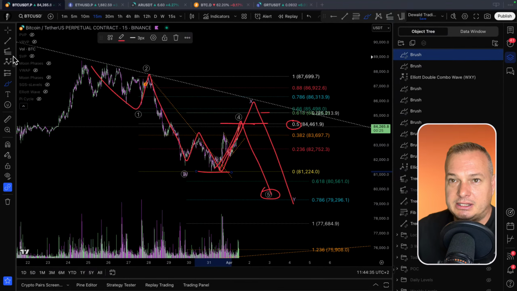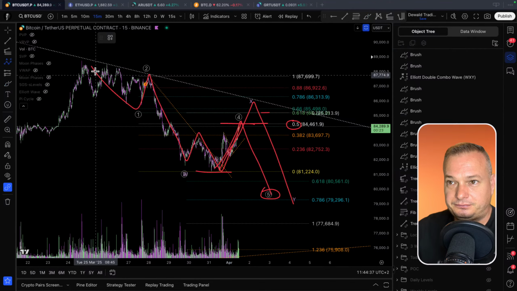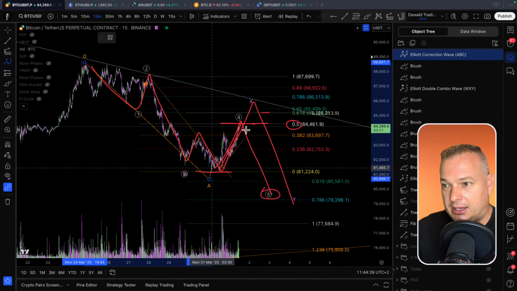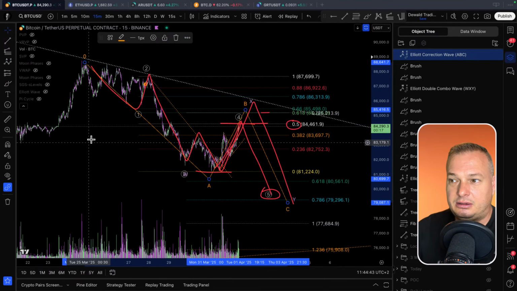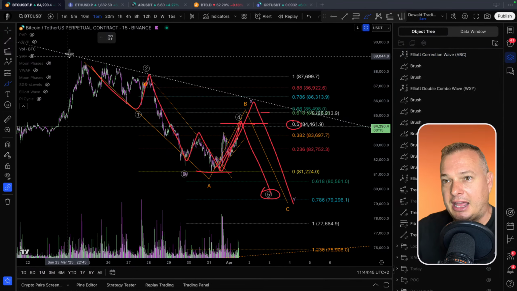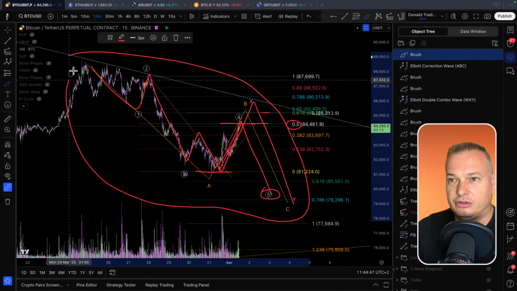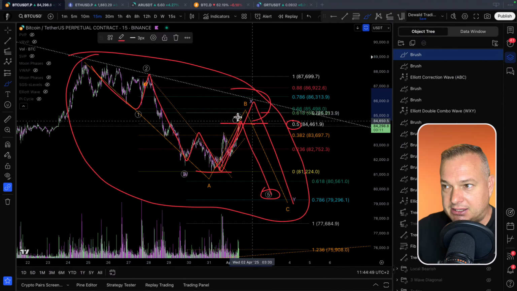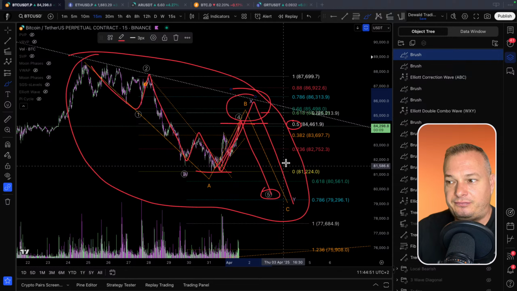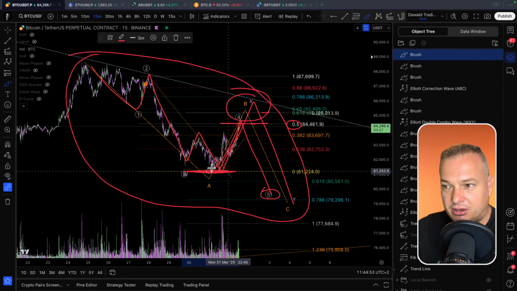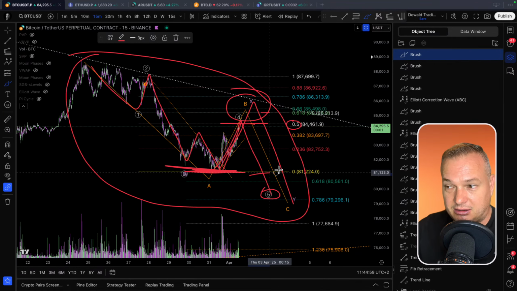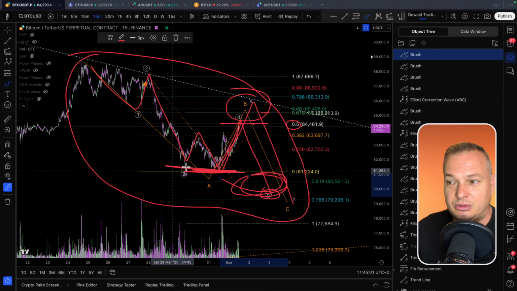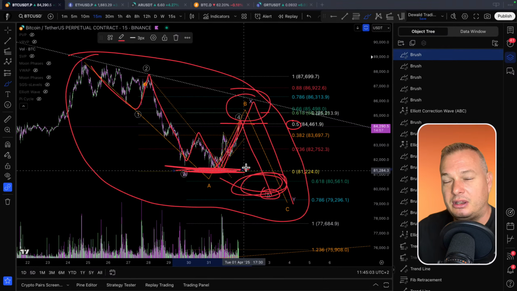Or this is a simple A, B, C. But do you guys see, now that I have all my Elliott wave scenarios mapped out, I'm expecting a rejection. And I'm still expecting the low to be claimed. So now it tells me I need to start looking for shorts, and it also tells me it could get nice and epic here to the downside to even come and claim the lows.